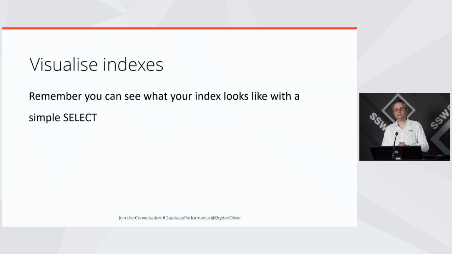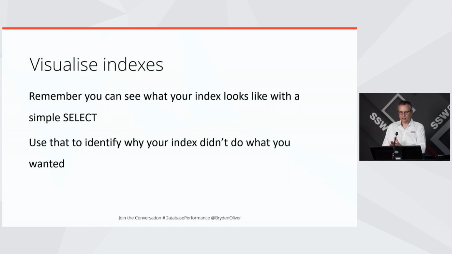The first one is make sure you visualize your indexes, so understand what the server is trying to do when it's executing your query. Use that particularly when you thought you created a great index and it really didn't pan out the way you thought.